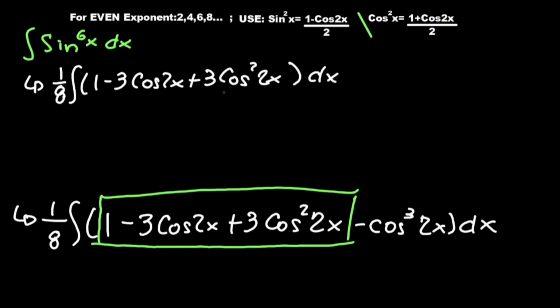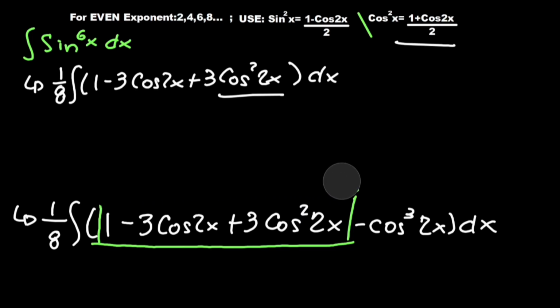So we shall transform cosine squared 2x in this form. Wait, let me just make some space here.